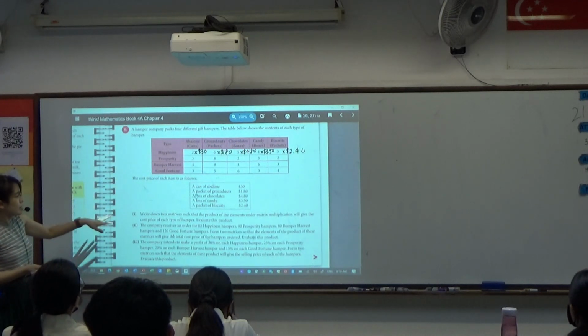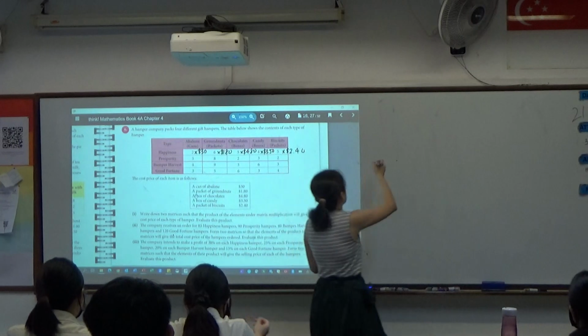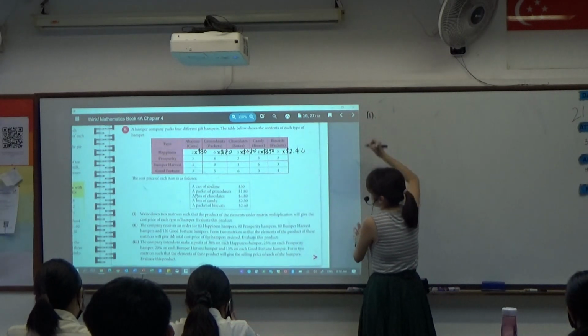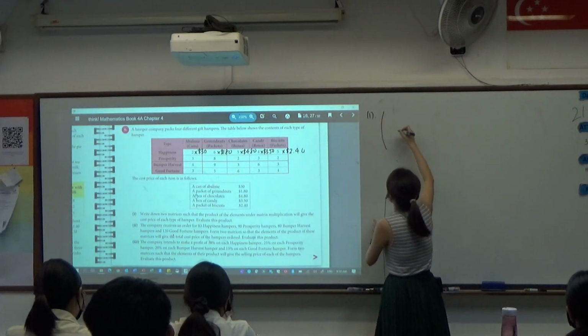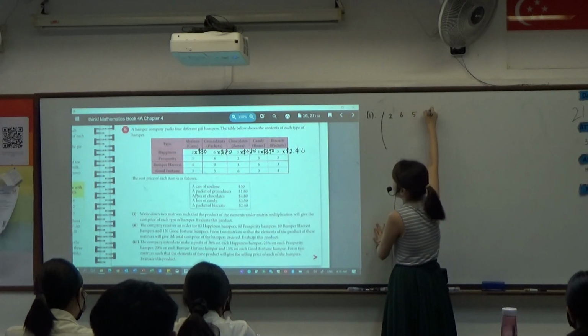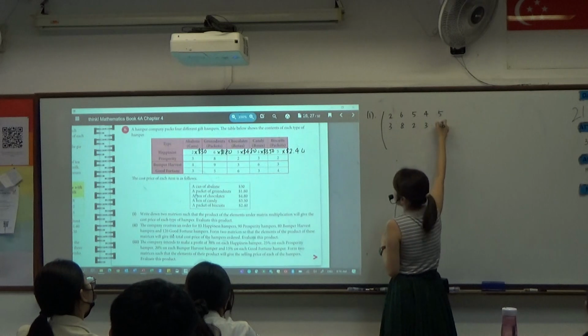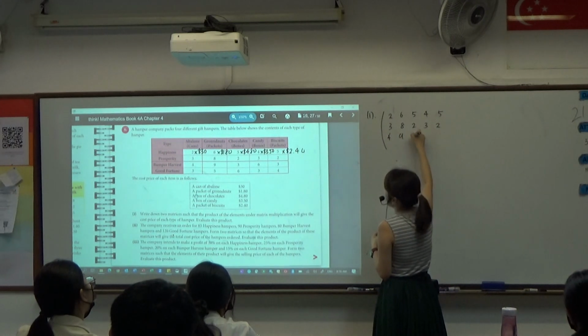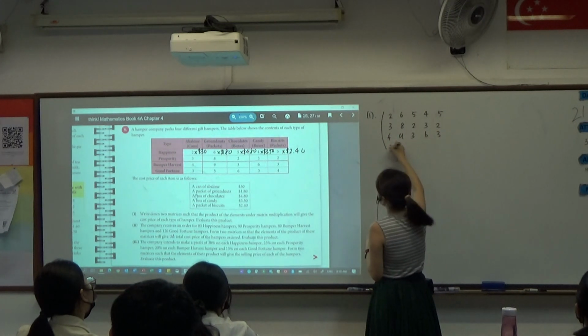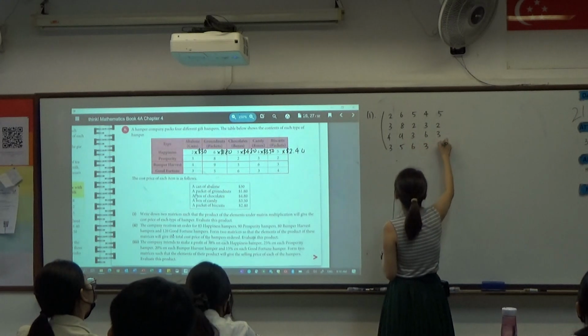Okay, so the two matrices that we will need will be following the table: 2, 6, 5, 4, 5, 3, 8, 2, 3, 2, 4, 9, 3, 6, 3, 3, 5, 6, 3, 4.